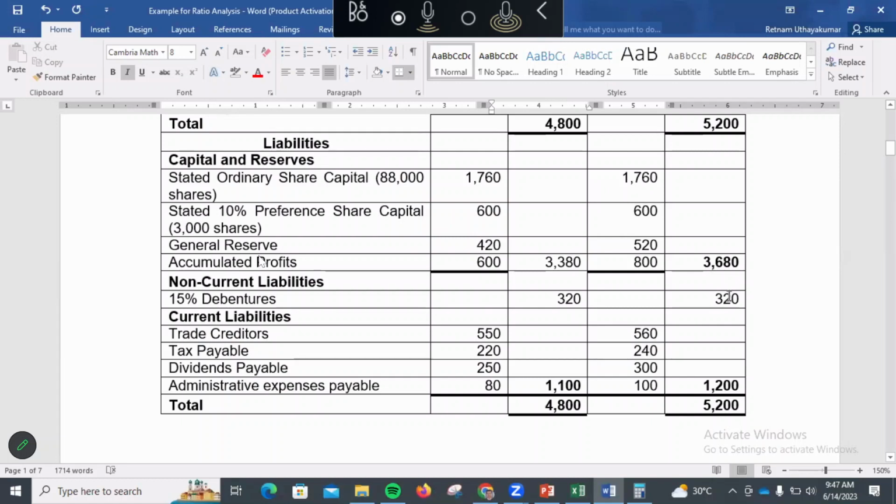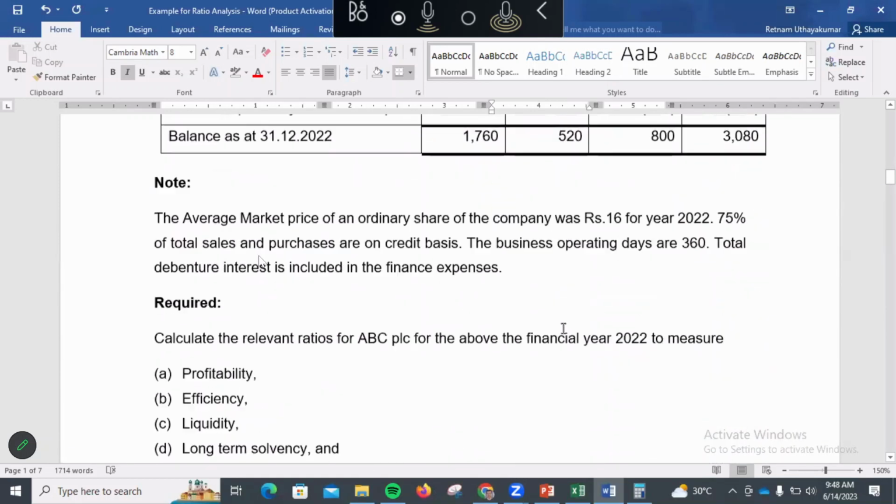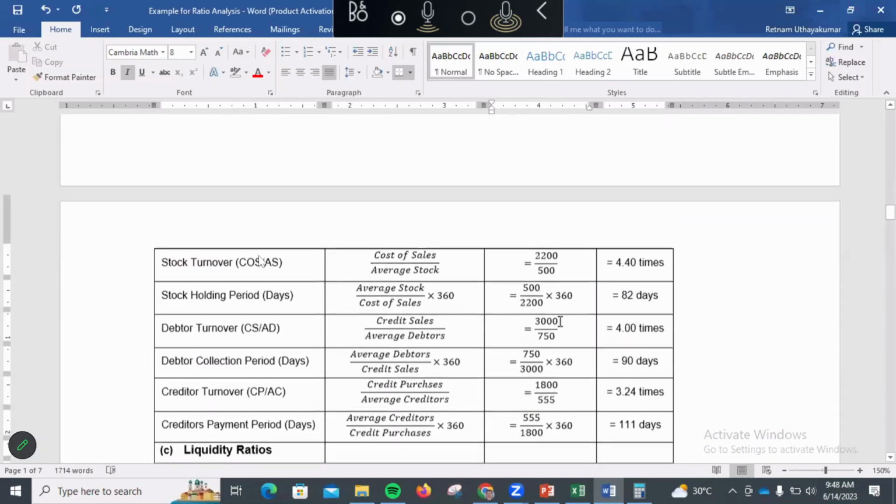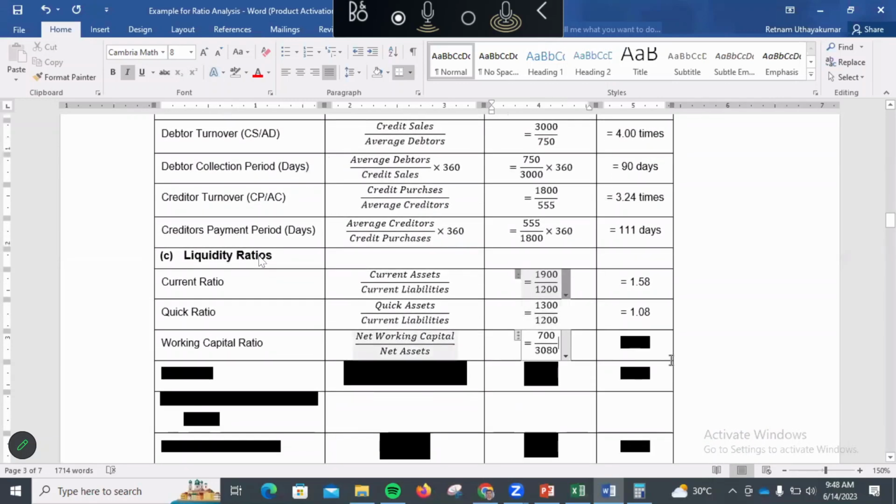Altogether you can get the 3080. Alternatively, you can get the capital and reserve values, 3680. Out of that, you exclude the preference capital, which falls under the non-current liabilities side. So 3680 minus 600, 3080. That is the value you can obtain for the net assets.